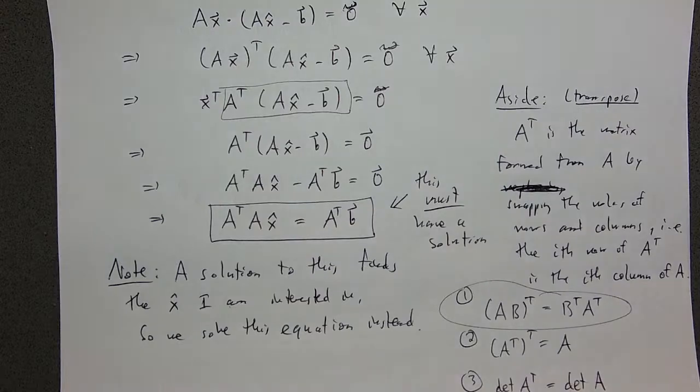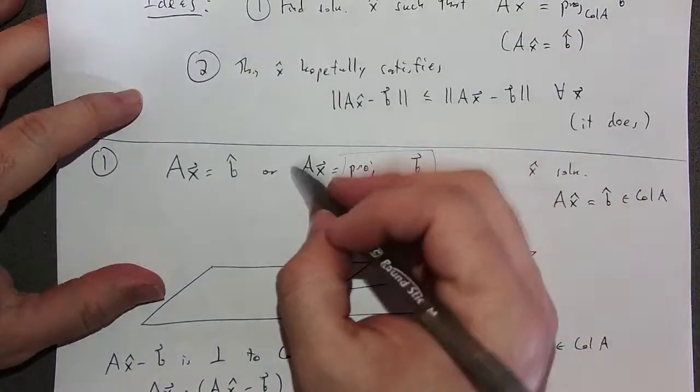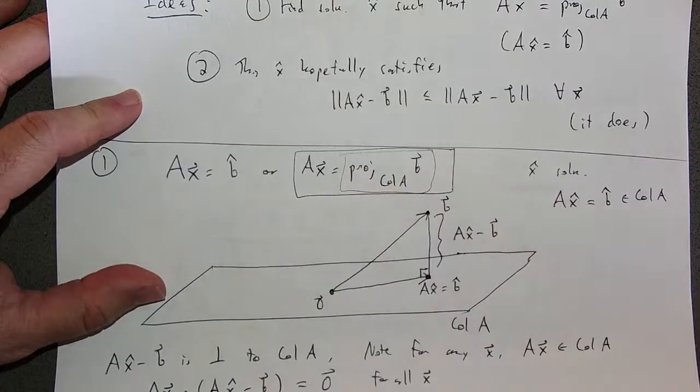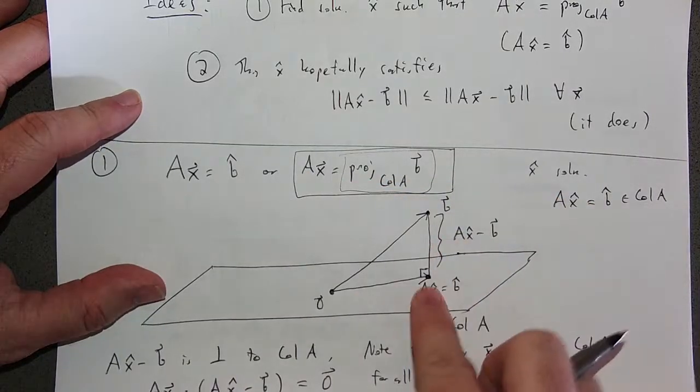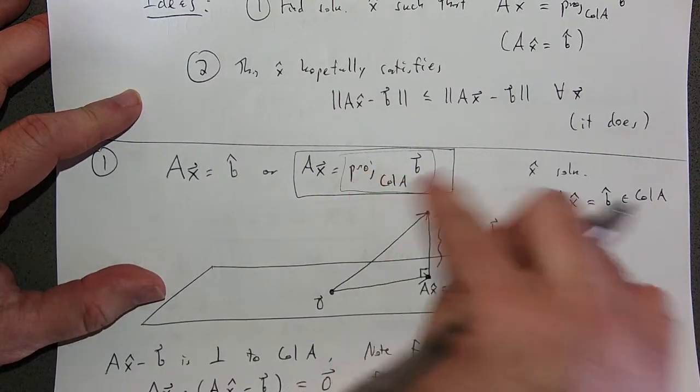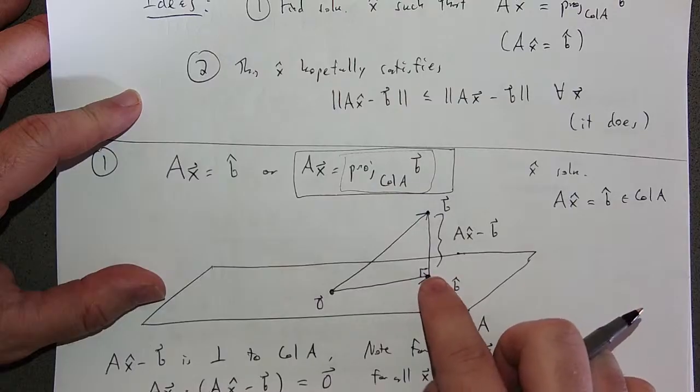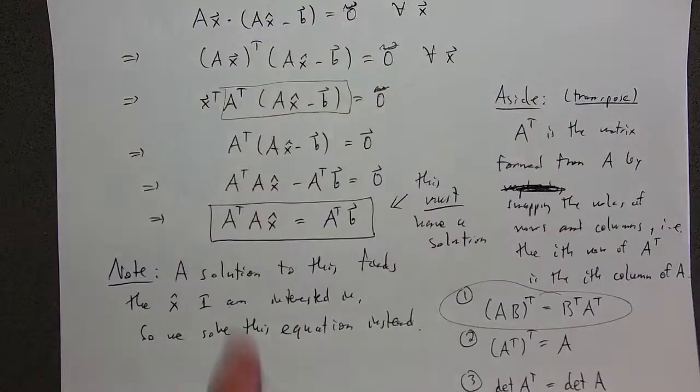Okay? It might have more than one, right? But it has to have a solution because you are solving this thing that we set out to solve, this projection equation, which by construction has a solution because we've actually moved the right-hand side vector to the column space, so it has to have a solution. So this absolutely has a solution, but it might have more than one.